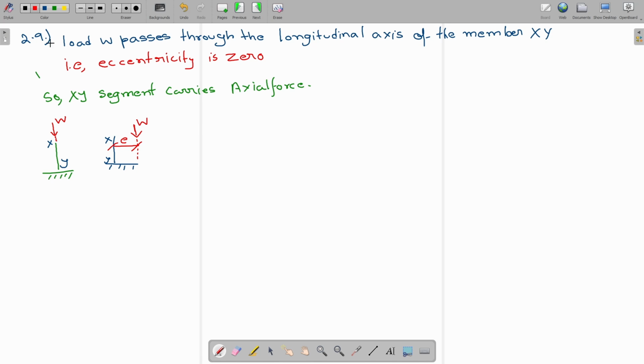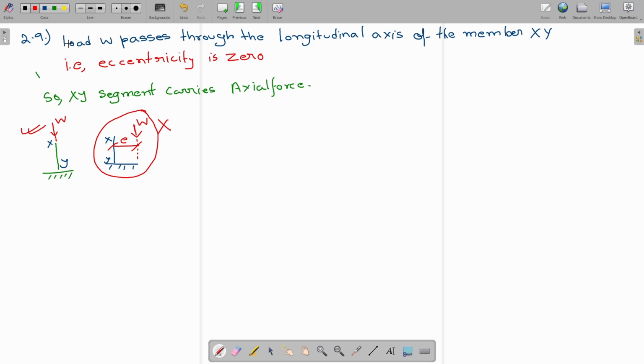But in this case, this is not taking place. Only this is taking place. That is, the line of action is passing through the XY segment. Here the load W is passing through the longitudinal axis of the member XY.